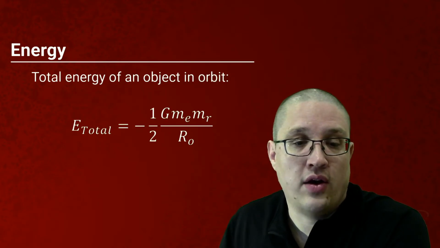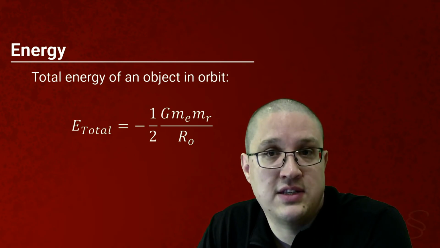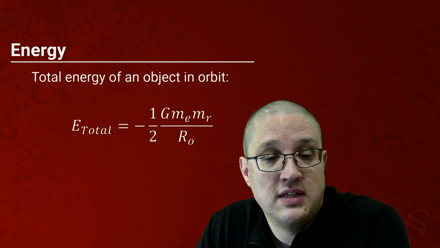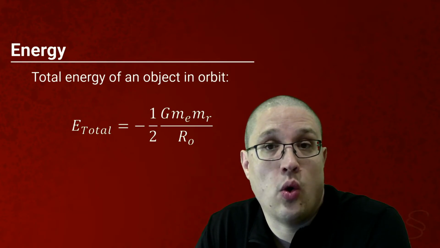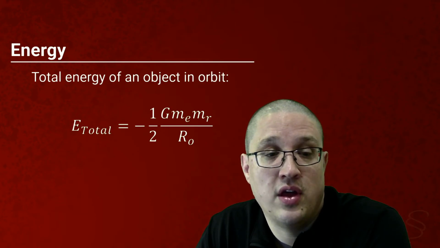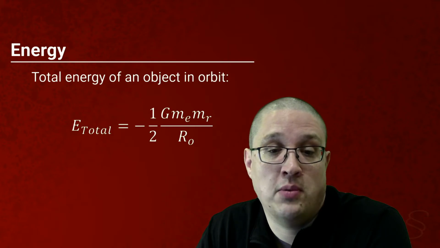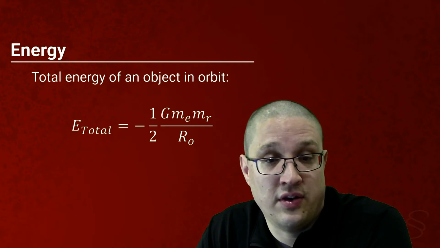When I look at an object in orbit, I can find the total energy by this formula. Notice this is a little bit different. First off, notice that we have the orbital radius, which is the distance from the center of the Earth to the center of the object orbiting Earth. That's the moon. It's the center of Earth to the center of the moon.